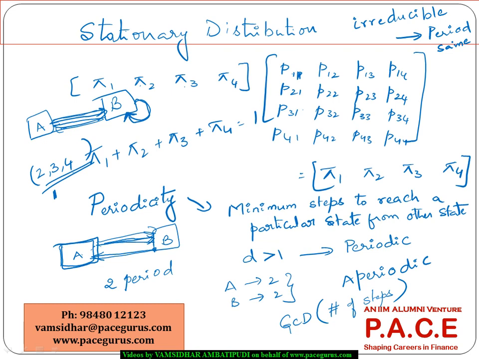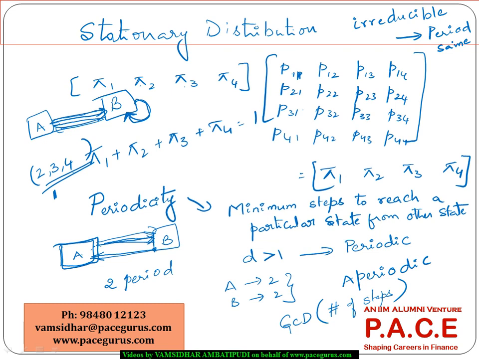If one of them is aperiodic, then the entire chain will be aperiodic. So wherever the periodicity is equal to 1, we say it is aperiodic, and if it is not, we say it is periodic. So in general, in a Markov chain, if every state is aperiodic, we say that the whole chain is aperiodic.